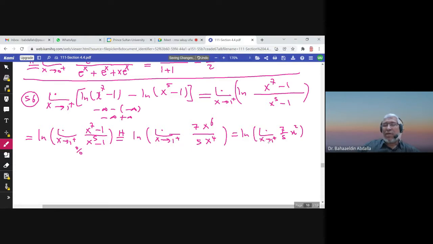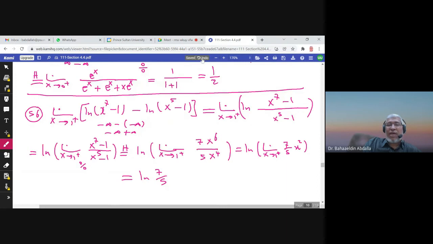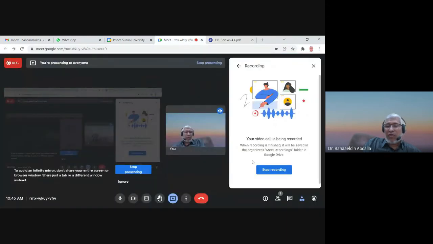And the limit of x squared when x approaches 1 is 1. So the answer would be 7 over 5 times 1. This is the limit here. So the answer is ln 7 over 5. I hope you understand this case now, this indeterminate form, infinity minus infinity.